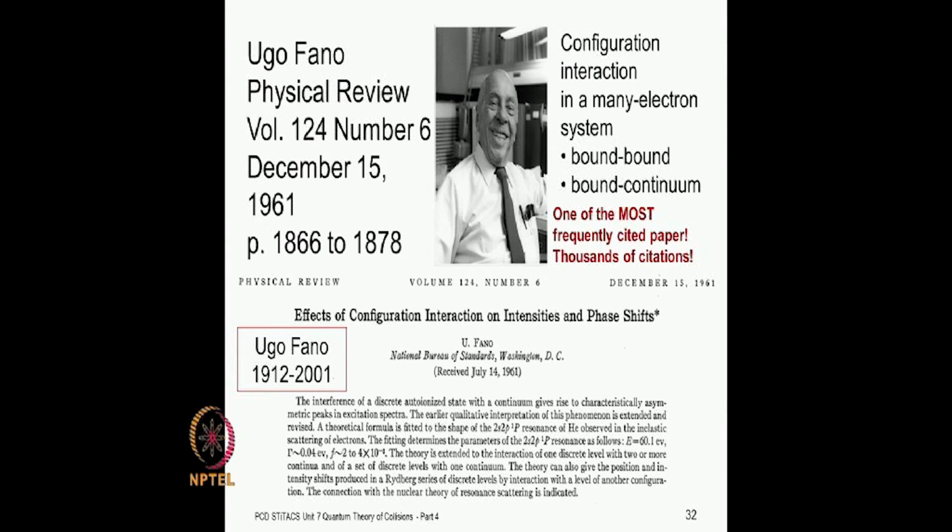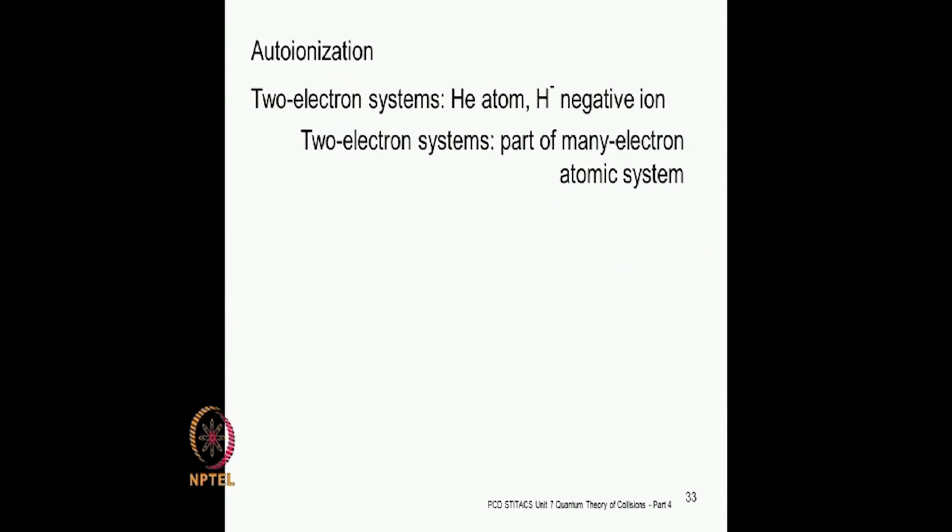This is something of great importance in the analysis of autoionization resonances, and in particular the configuration interactions between the bound to bound and bound to continuum states. A classic example of this is a 2 electron system, which I will discuss in some detail. A 2 electron system like the helium atom, or it could be the hydrogen negative ion.